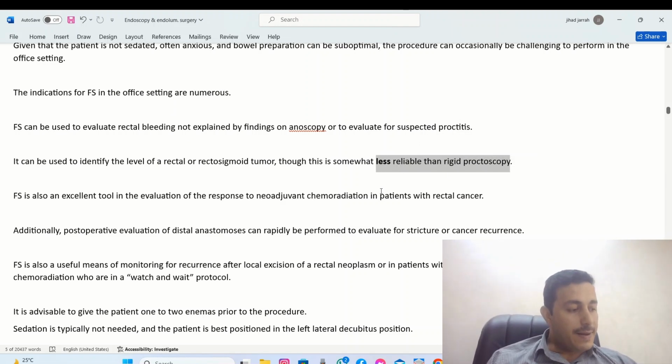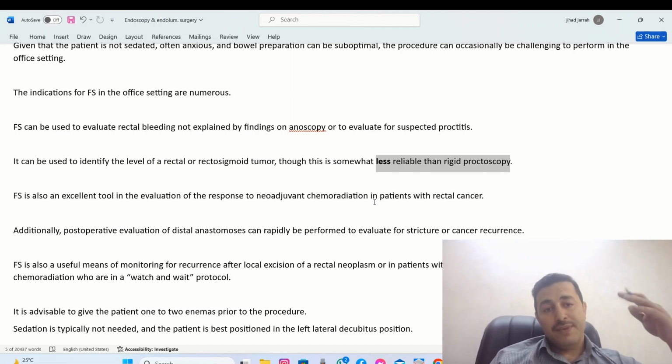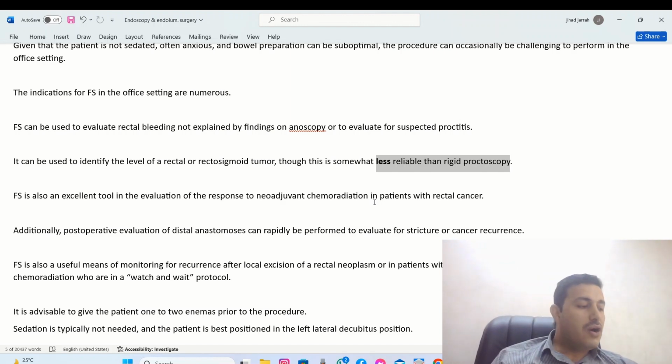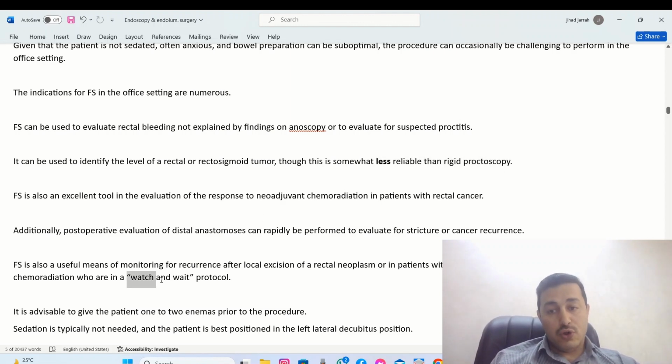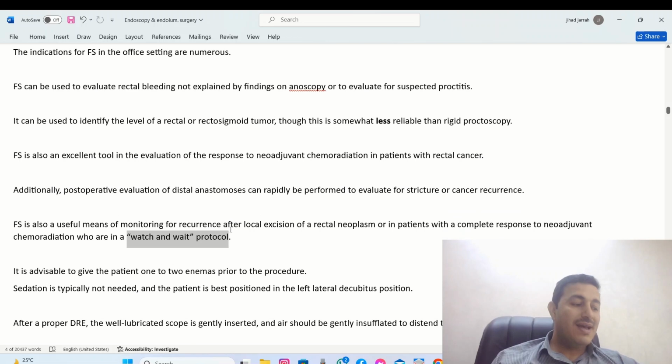Other indication is to determine the response of the neoadjuvant therapy for patient who is in a chemo radiation with rectal cancer. Also, evaluation of our anastomosis. If we already did surgery with anastomosis and we want to evaluate the distal anastomosis regarding the structure, regarding the recurrence of the tumor if he is in a watch and wait protocol.